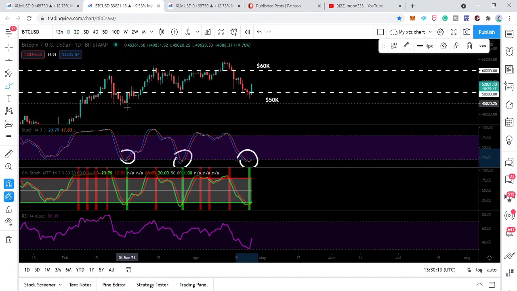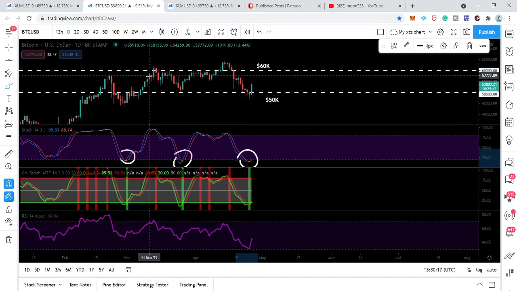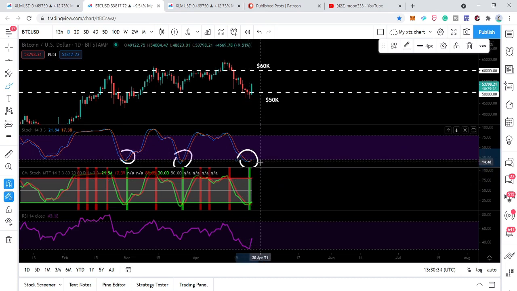The price action followed the signal of the stochastic and rallied very well up to this resistance of the $60,000. Here the price line repeated the same thing again, and now the price line is again going to repeat the same thing, like we have received the bull cross, and this is the buying signal that appears when we receive the bull cross by the stochastic oscillator.